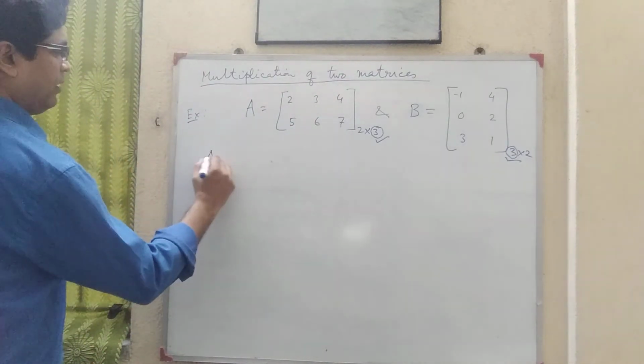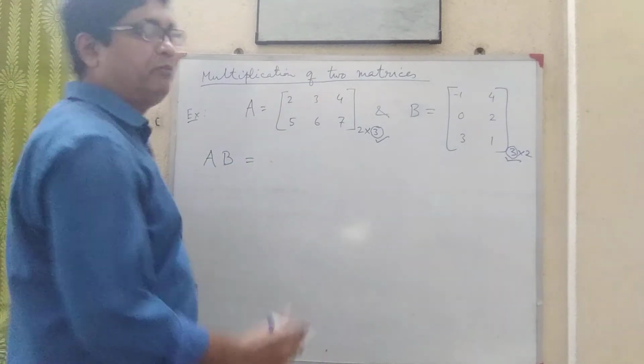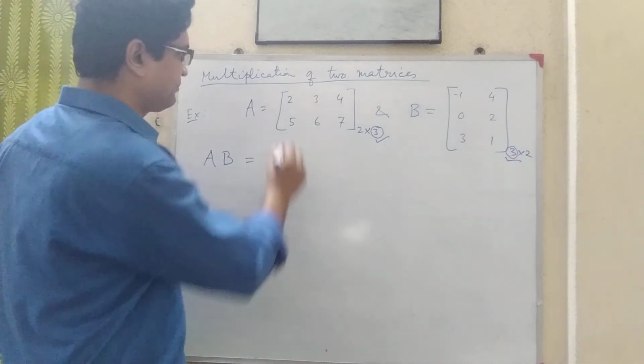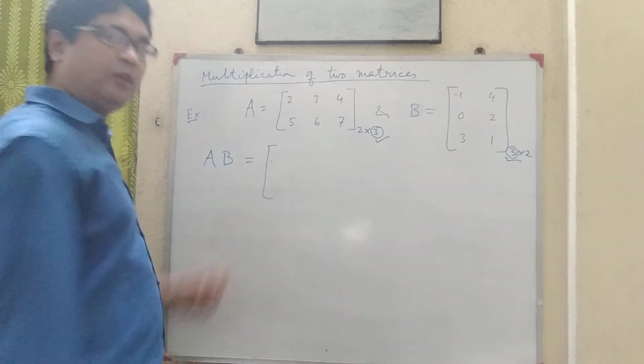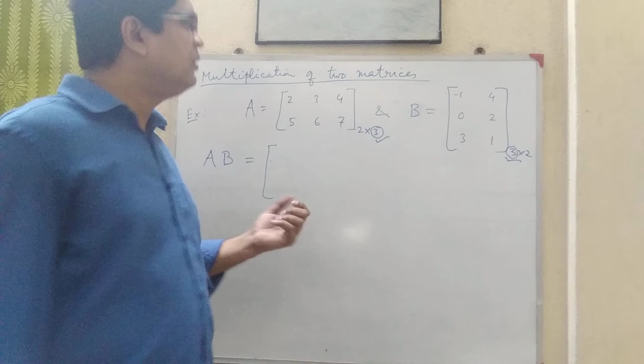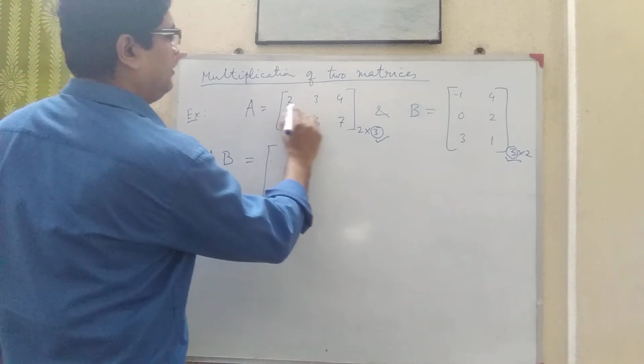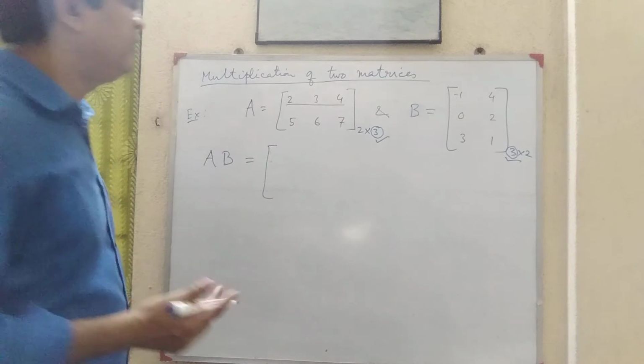You see, A into B, the method of multiplication is actually this operation also you learned in class 10, so you have some idea. So consider it as a recapitulation.